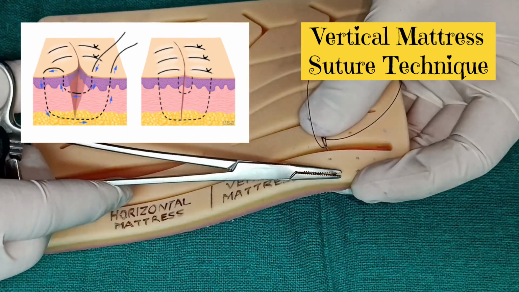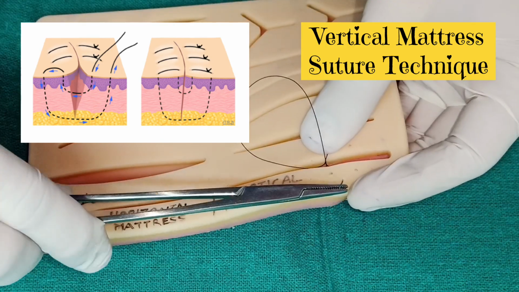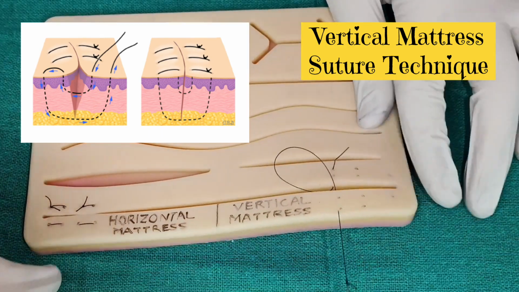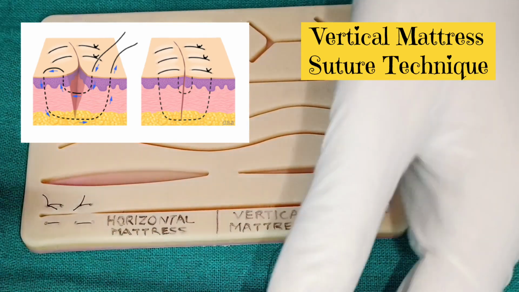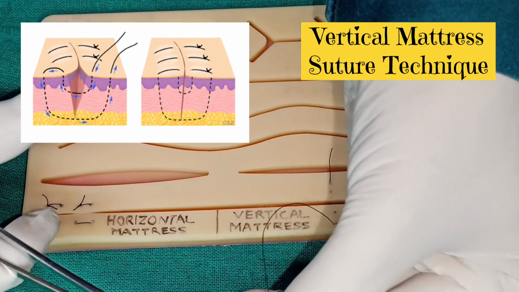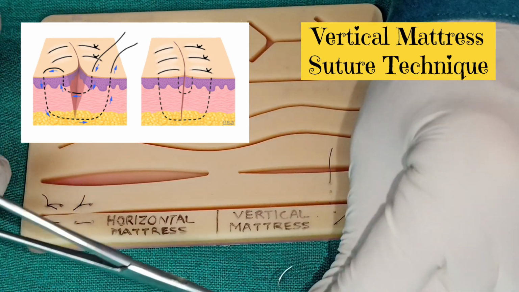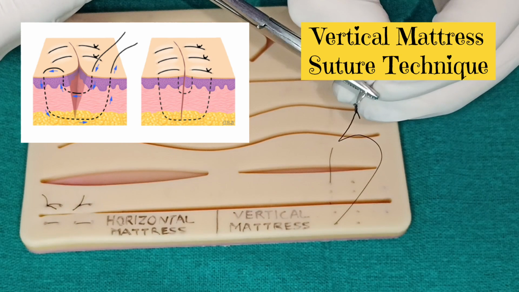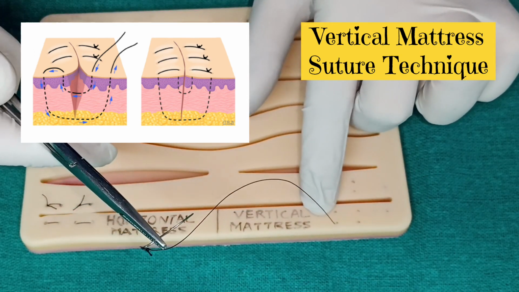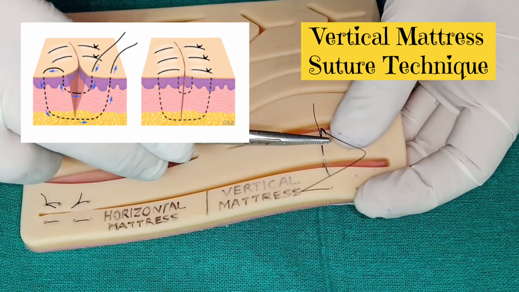After placing this far loop, we will place the near loop. This loop enters and exits the skin surface 1 to 2 mm from the wound margin, traversing the wound at 1 mm depth.